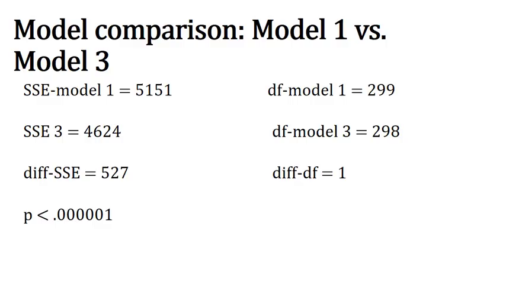Now the problem of this approach is that there are models that we cannot compare. Model 1 and model 2 cannot be compared, because model 1 contains a beta 0 and a beta 1, and model 2 a beta 0 and beta 2. So there is no way that by getting rid of one of the parameters we get the other model.